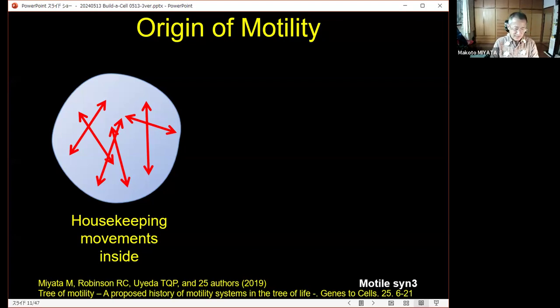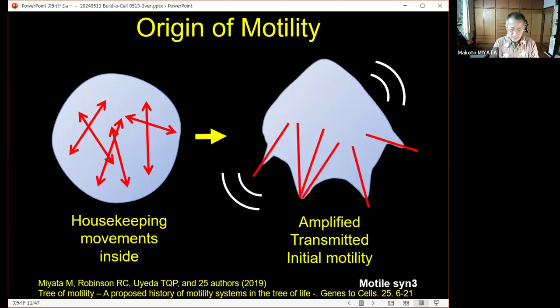This system unintentionally obtained motility, not intended, just for housekeeping, but some of them were amplified by mutations, and then the amplified motility was transmitted to the surface of the cell, so it became the initial motility system, and then it was selected through evolution.